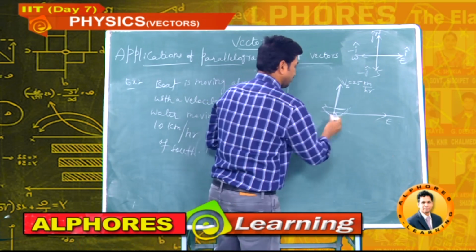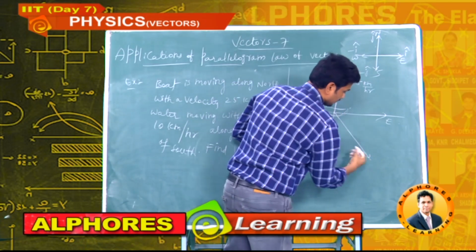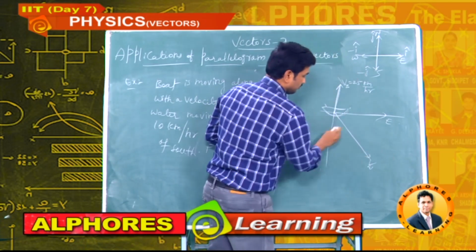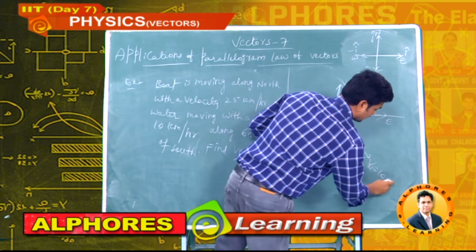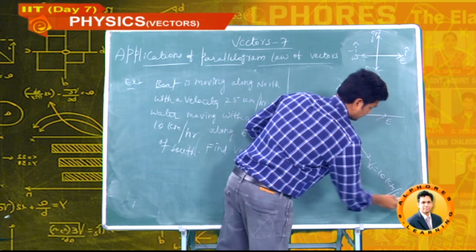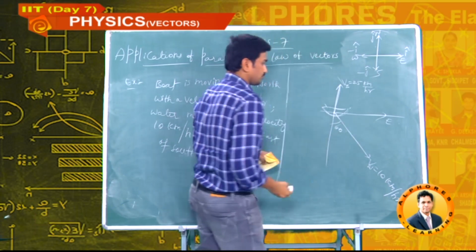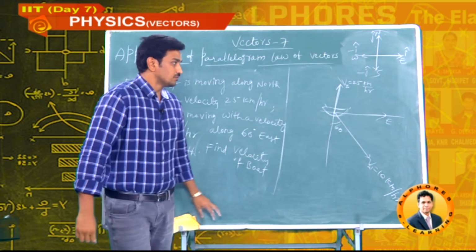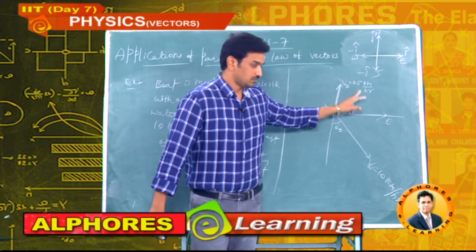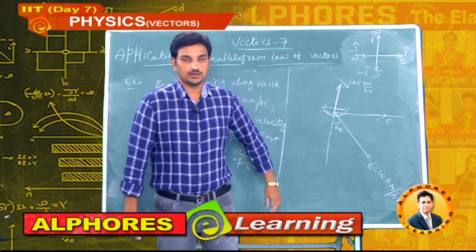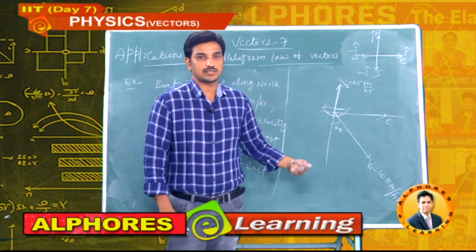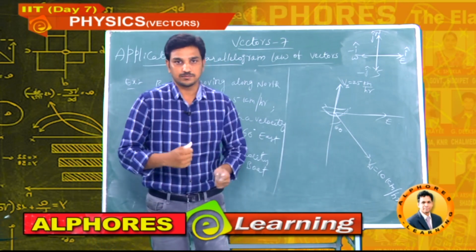Now, the direction of water, water velocity VW, is given as 10 km per hour. This is 60. Now, the boat has 25, water has 10. Suppose you are cycling.